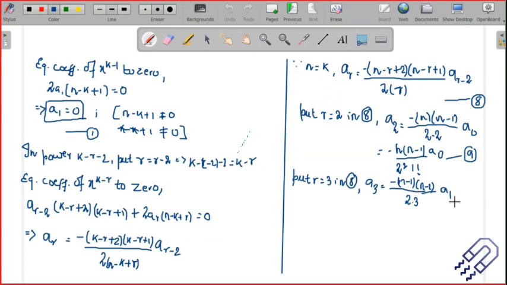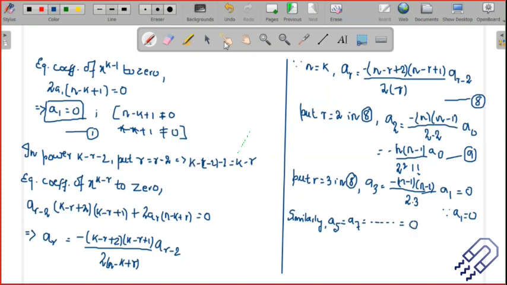So this is multiplied by a1, so this is going to be 0, since a1 is equal to 0. Now if this is 0, there is something which you are going to get for all the odd terms. So similarly a5 is equal to a7 is equal to, and so on, it's going to be 0.